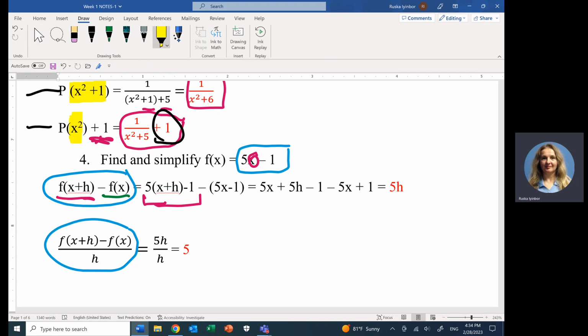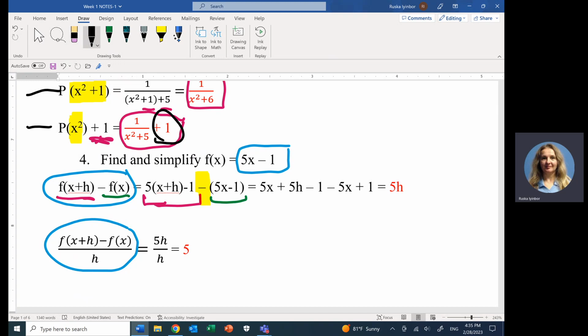So we have the minus in the middle. And then in the parentheses, I have to copy the original function, which is 5x minus 1. So you copy the function, replace x with x plus h, minus copy the original, and then simplify.